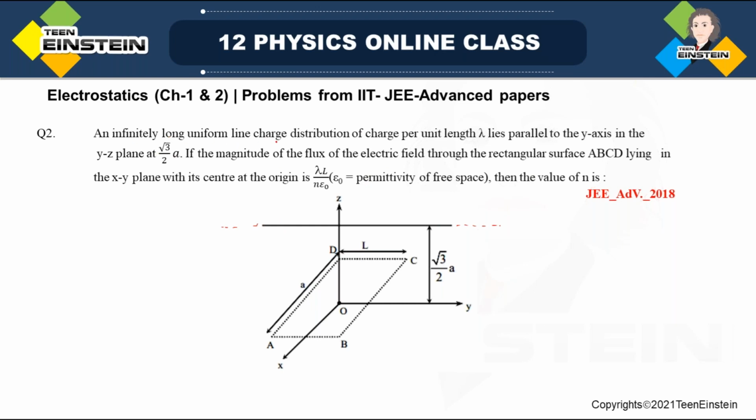An infinitely long uniform charge, with distribution of charge per unit length lambda, lies parallel to the y-axis. So you see this is the wire which is parallel to the y-axis, and it is lying in the yz plane, at a distance √3/2 a from the y-axis.